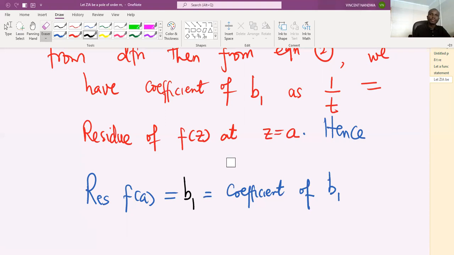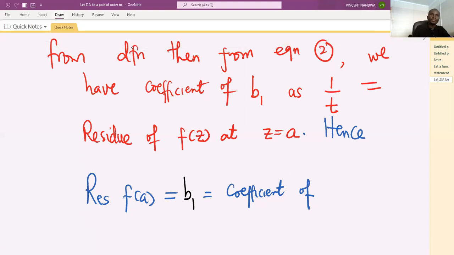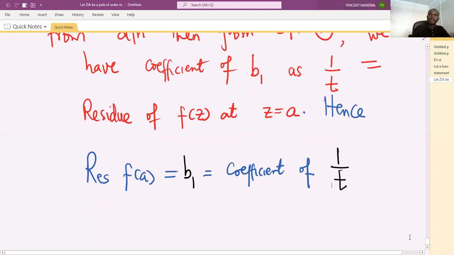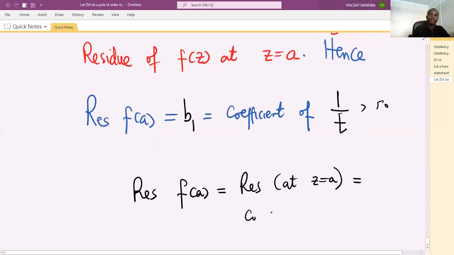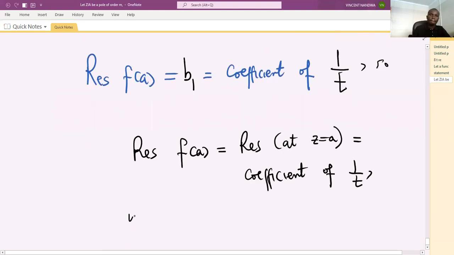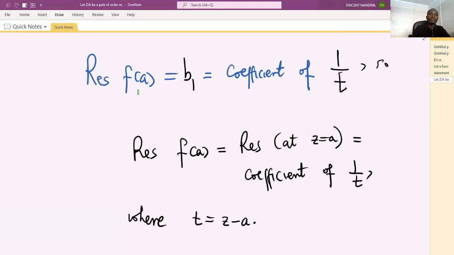So the residue at z equals a is the coefficient of 1 over t, where t is z minus a. That's the proof of that given statement.